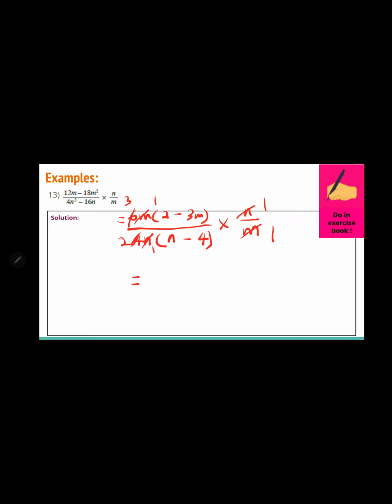So 3 times 1 times bracket, 2 bracket times 1. No more. So let us see the final answer. Good. Very complicated, but after you simplify, it becomes easy. I mean simple.